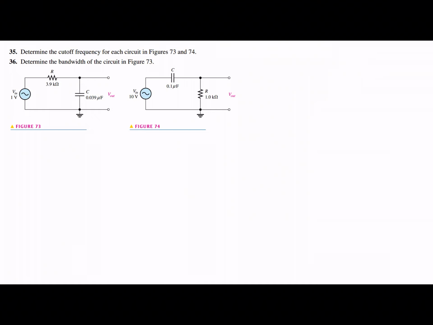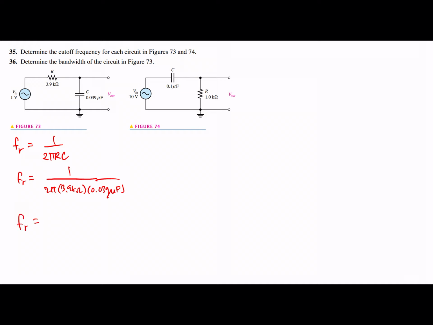To determine the cutoff frequency for a series RC circuit, we know that the cutoff frequency is given by 1 over 2 pi RC. So for figure 73, it's easily solved by just plugging in the known quantities: 3.9 kilo ohms for R and 0.039 microfarads for the capacitance.